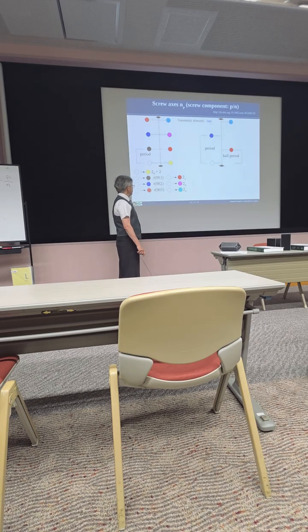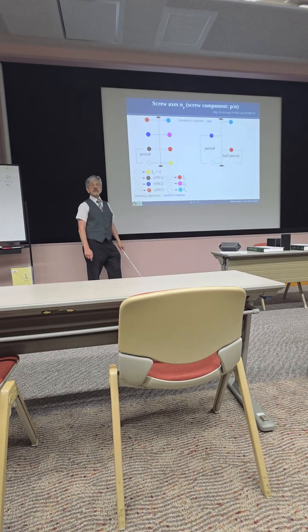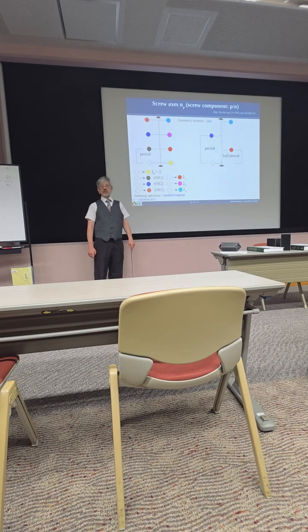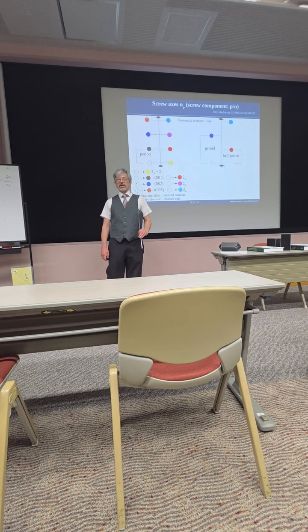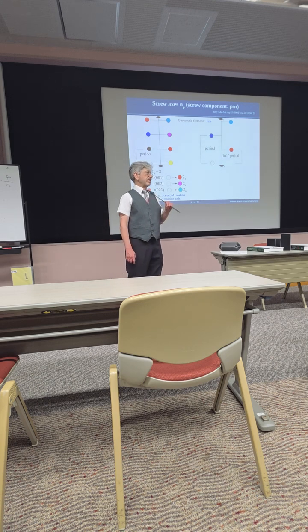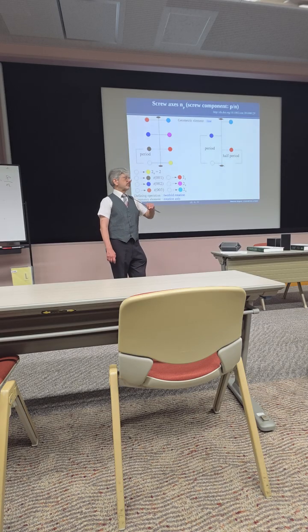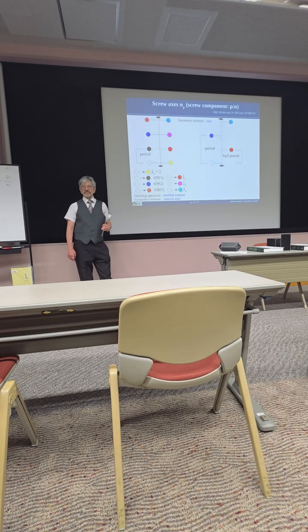This defining operation is a twofold rotation, which means that the symmetry element is called a rotation axis. It does not mean that it does not act as a screw axis, because it contains an infinite number of screw rotations. But the one that gives the name, the defining operation, is a pure rotation. That's why we call it a rotation axis.